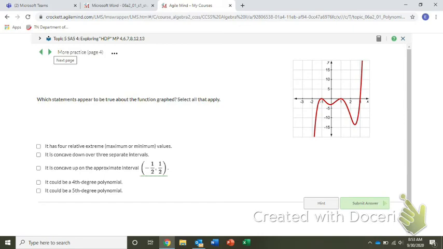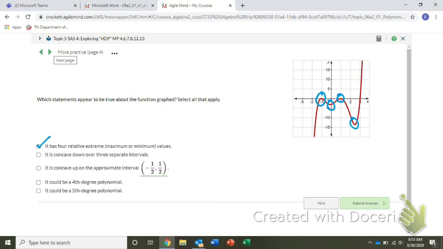First, more practice question. Which statements appear to be true about the function graph? Select all that apply. It has 4 extreme values. Is that correct? Here's a max, here's a min, here's a max, here's a min.